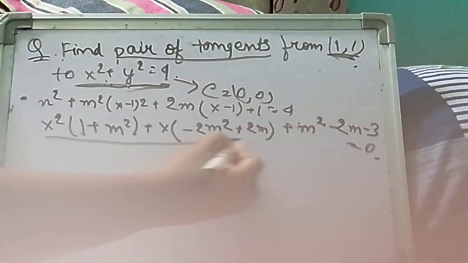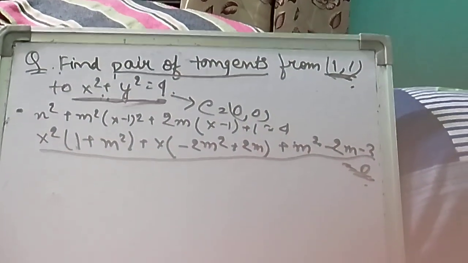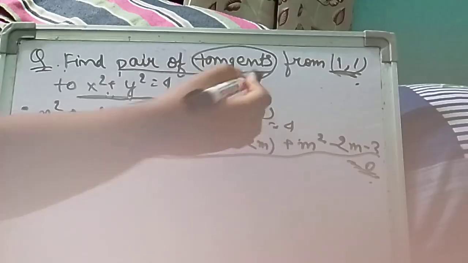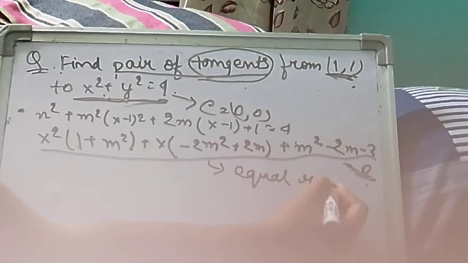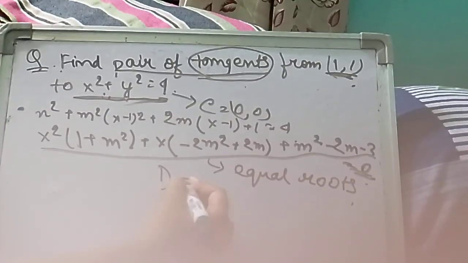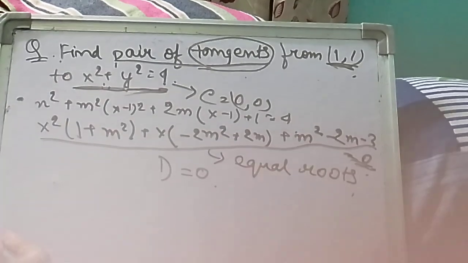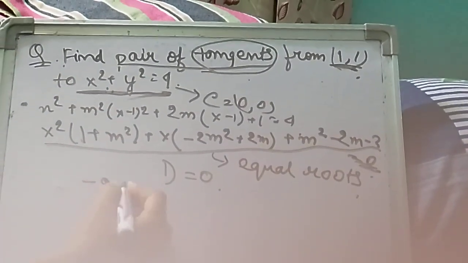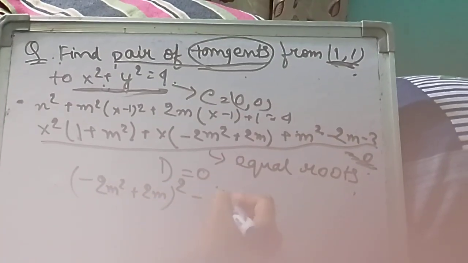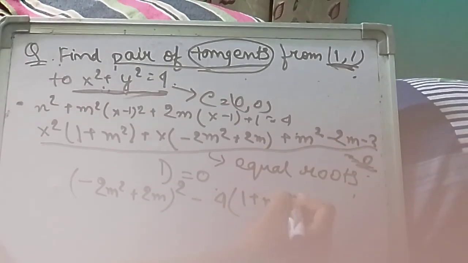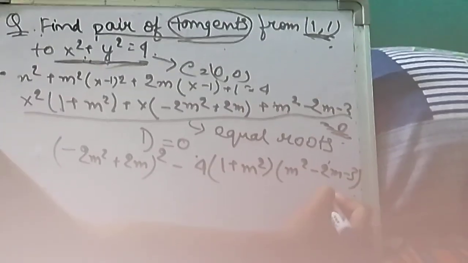This is a quadratic equation, and for the condition of tangency there must be equal roots, and for equal roots the discriminant equals 0. The discriminant is b square minus 4ac. So we write (2m minus 2m square) square minus 4 times (1 plus m square) times (m square minus 2m minus 3) equals 0.